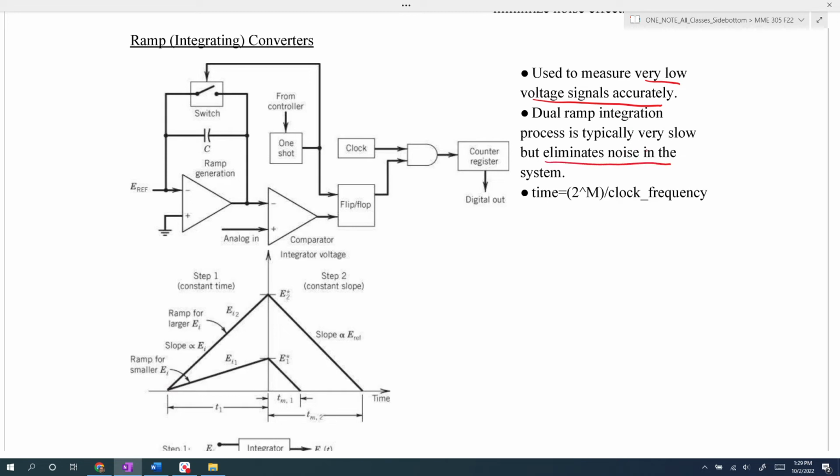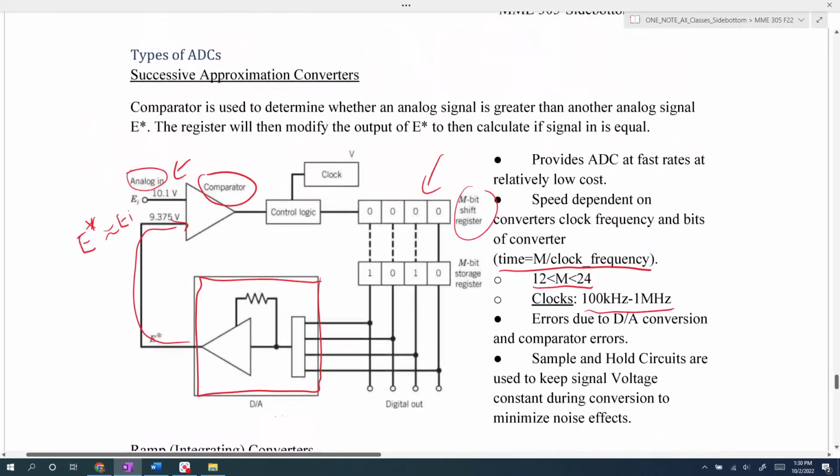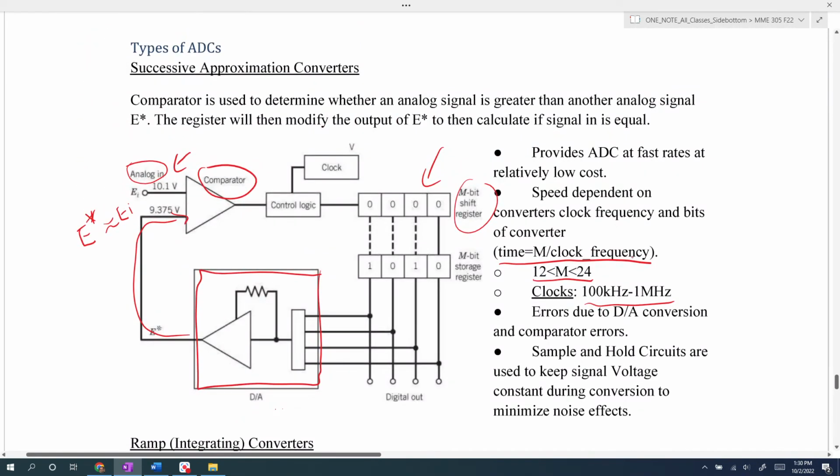So it's a very good way to get accurate measurements. The time is related to a clock, just like for the successive approximation converter, but the time is related to the number of bits to the power of 2. That's going to be a much larger number than the time it took for the successive approximation converter.